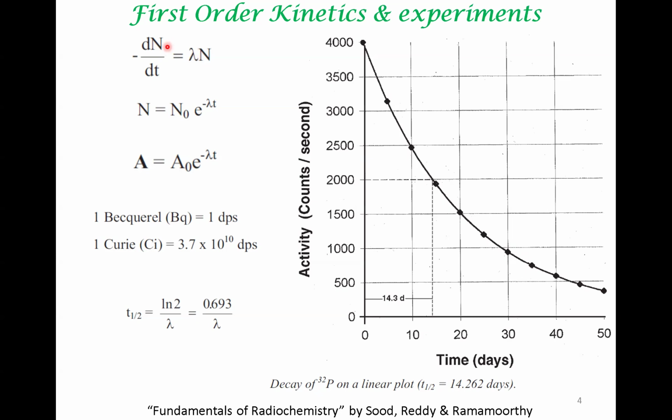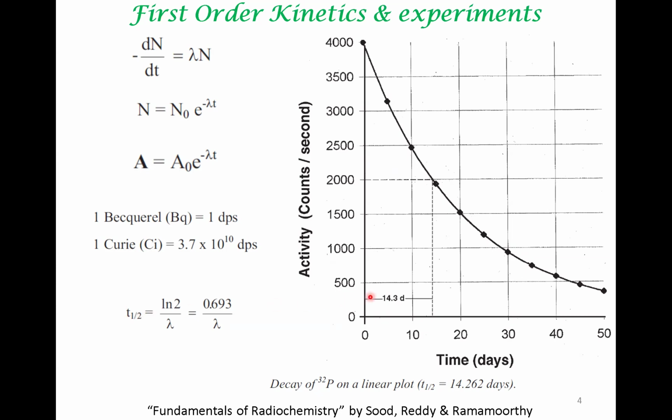It can be a nuclear system, chemical kinetic system, virus behavior, biological system, and so on. So T half is an important quantity. What is important to understand is T half is inversely proportional to the radioactive constant. If the radioactive constant is large, that means the rate of change is large, therefore T half is less.